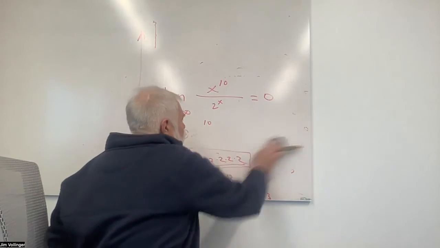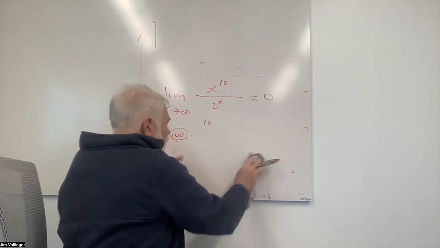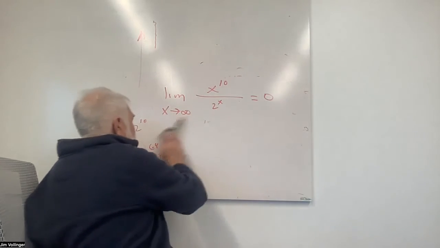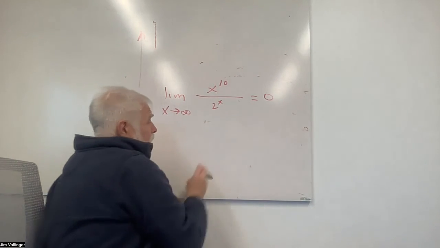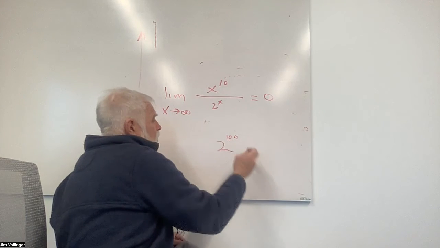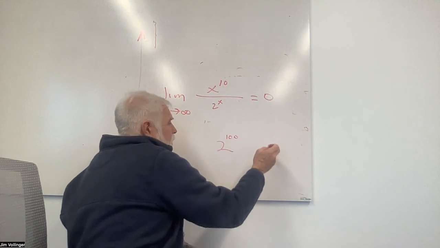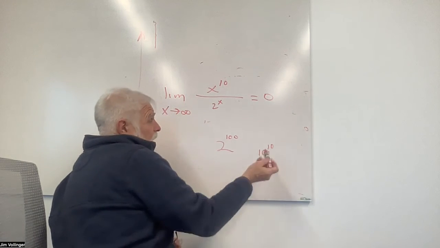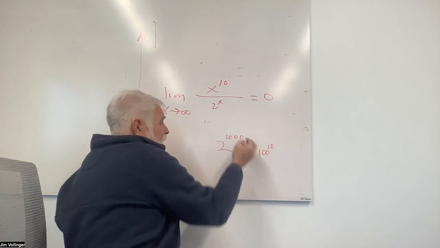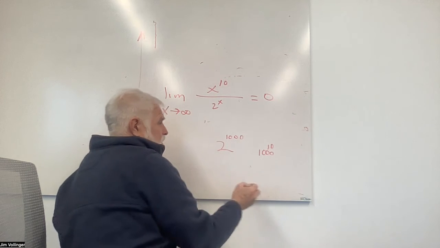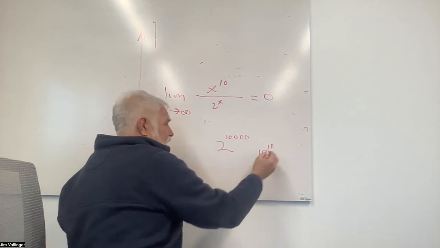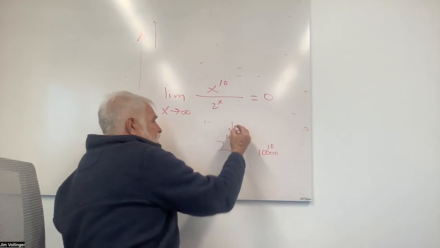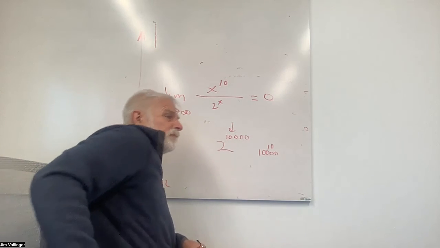I don't know what I could put in there and show it because it takes too long to write it out. Go to a calculator, do 2 to the 100th, do 100 to the 10th. And if that doesn't clearly show you, make it 1,000. If that doesn't show you, 10,000. You're eventually going to see the exponential get much bigger.